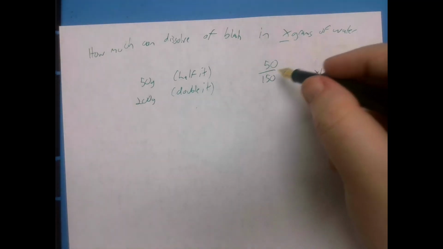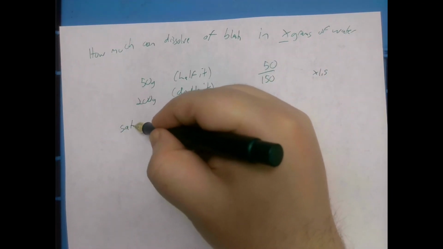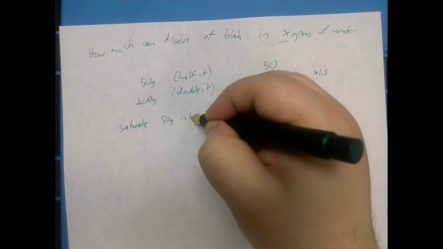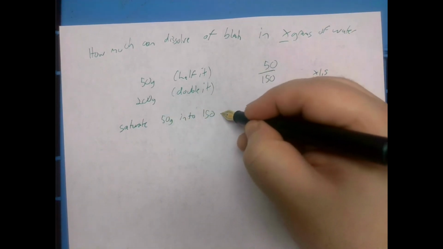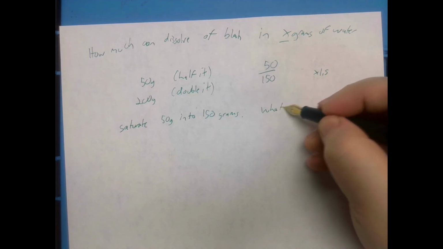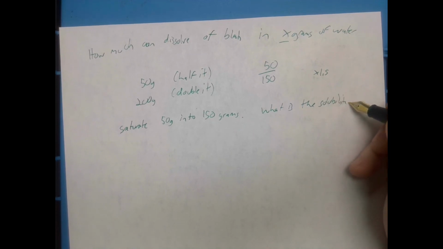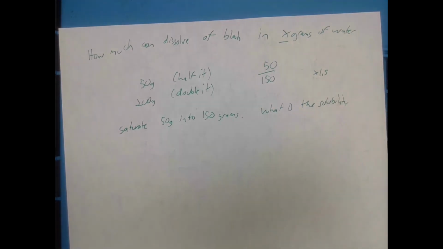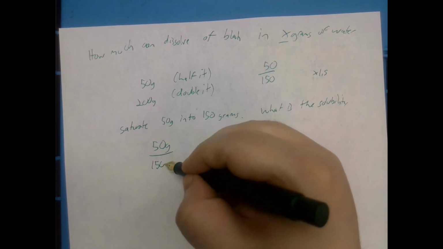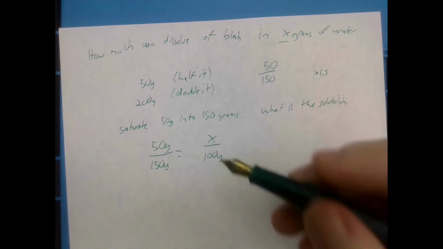Or let's say I'm asking what is the solubility. So you saturate 50 grams into 150 grams of water. What is the solubility? Remember, solubility always uses 100 grams. So we have the ratio of 50 grams to 150 grams, and we're trying to solve for it per 100 grams.